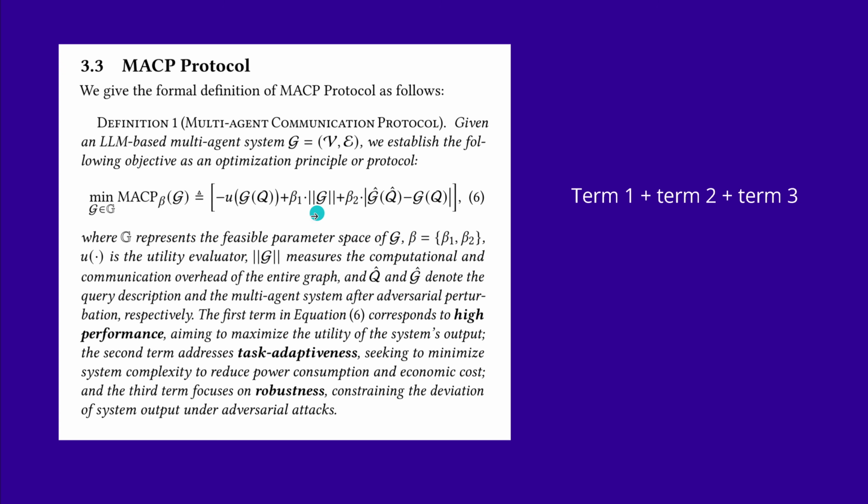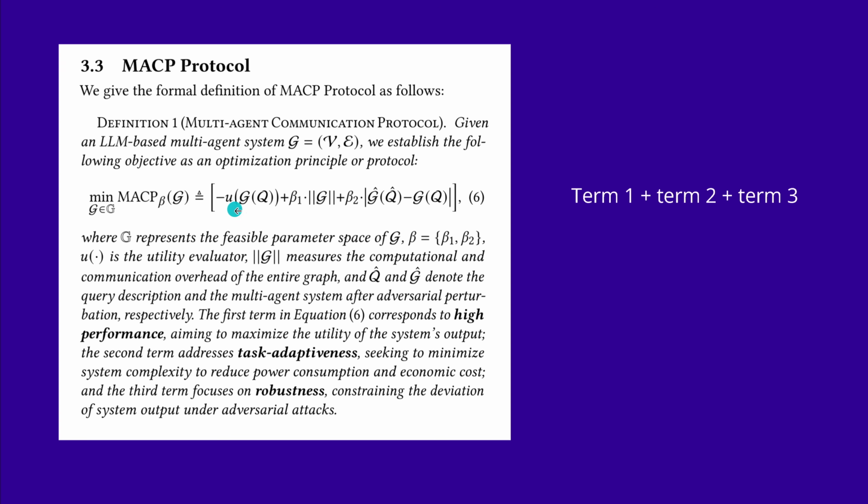So this second term here, the norm, gives us here the communication overhead. And then here our third term is simple. I told you we have a third argument if we have adversarial attacks, and this should be a robust system. So Q hat and G hat simply denote query description and multi-agent graph after the adversarial perturbation. And you see, this is it.